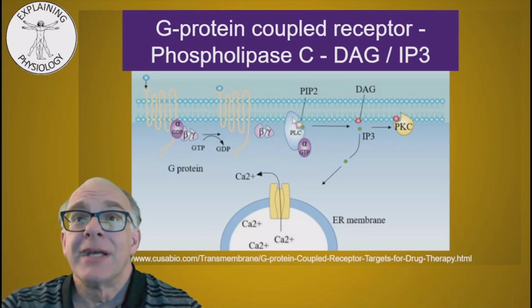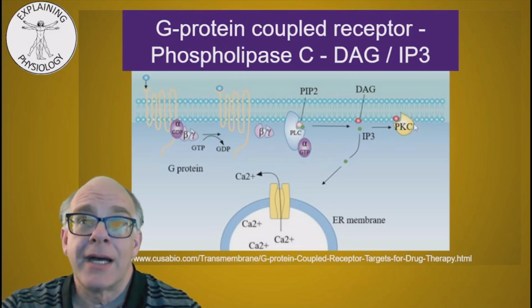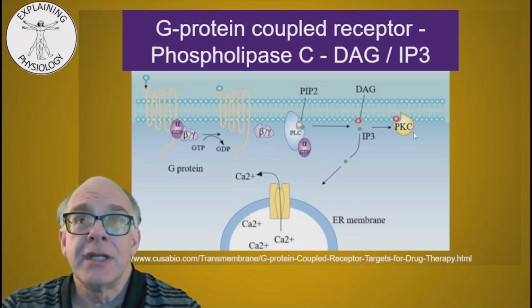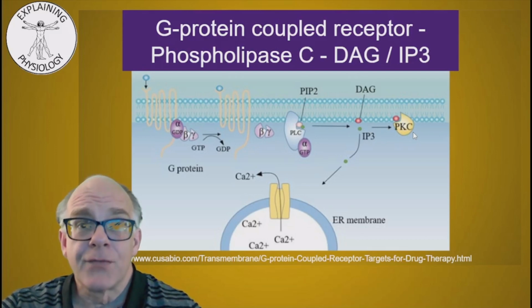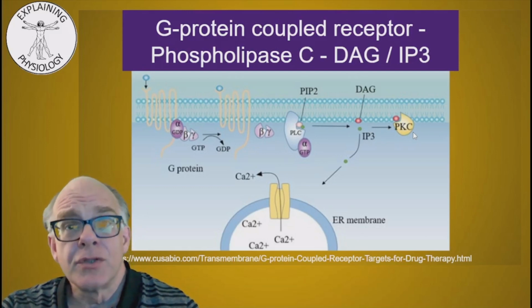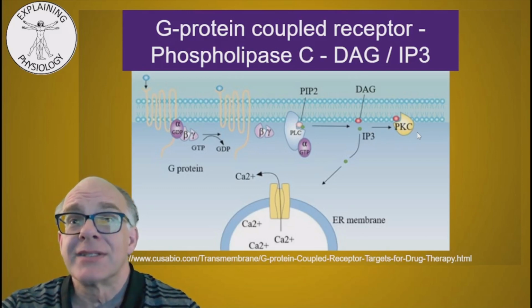That phospholipase C is going to do a couple things. It can involve the production of DAG, and DAG can activate another set of protein kinases. And so DAG is going to affect protein activation by activating the protein kinases, resulting in phosphorylated proteins and allowing those proteins to have a response within the cell.